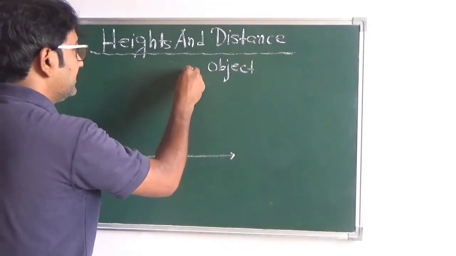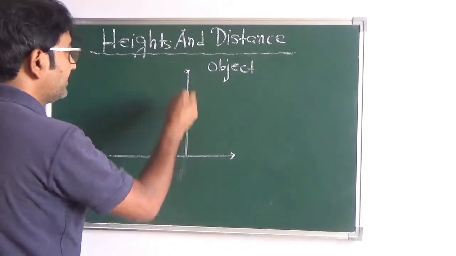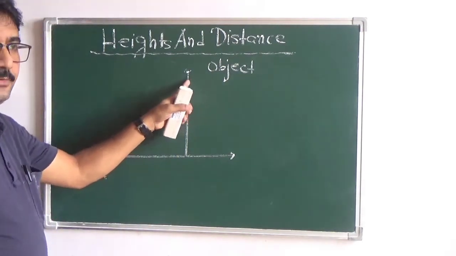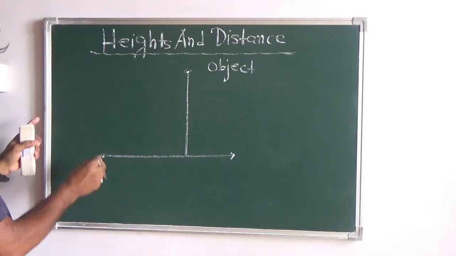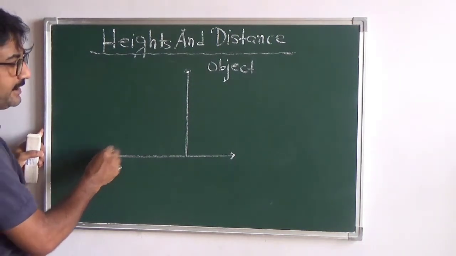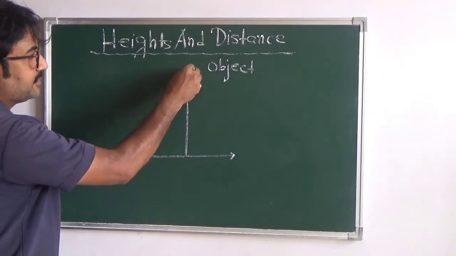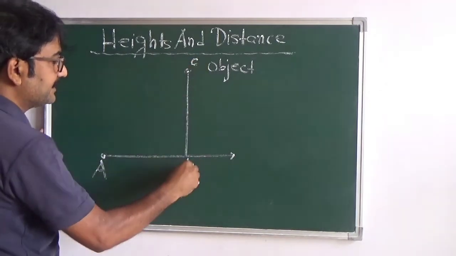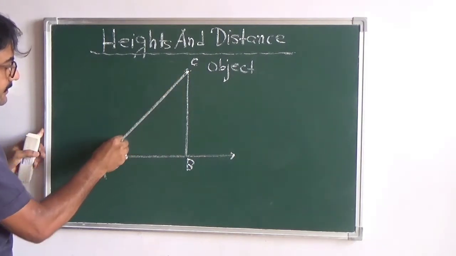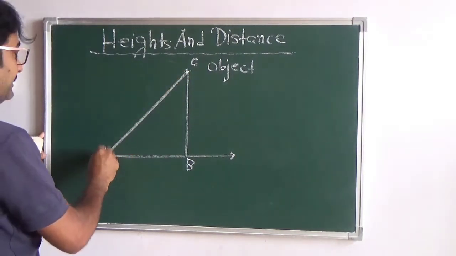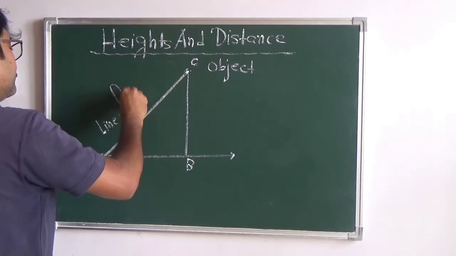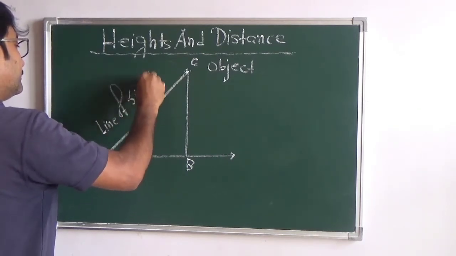Suppose a tower is here. The top of the tower is the position where this person is looking. So the eye of the observer is at the point A and is looking at a point of this tower, suppose it is C, if we take the base as B. If you join this line AC, this line is called the line of sight.